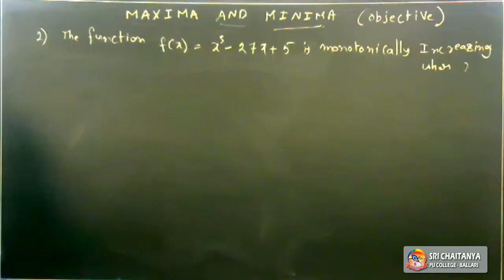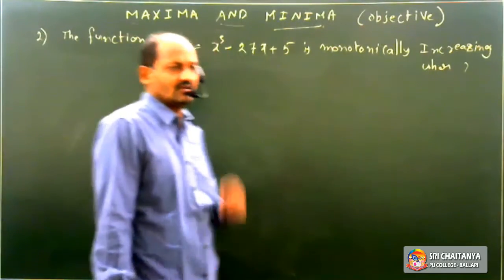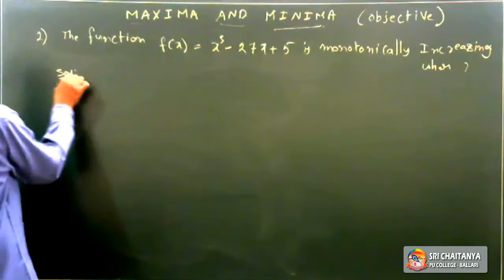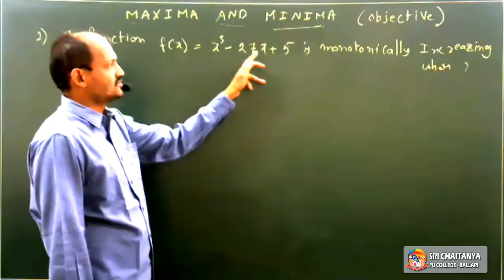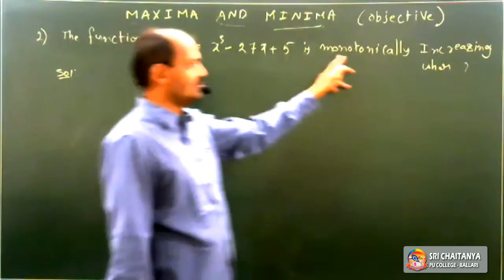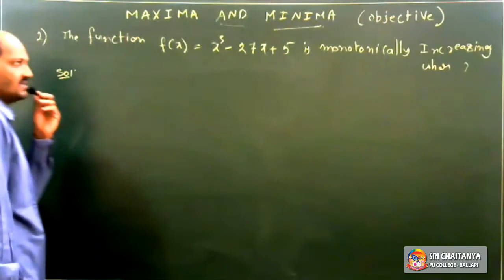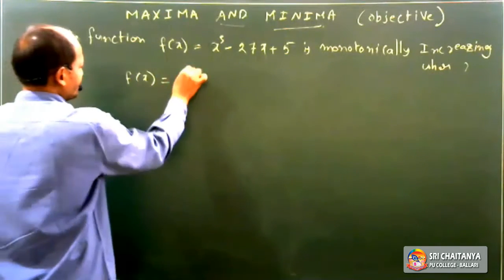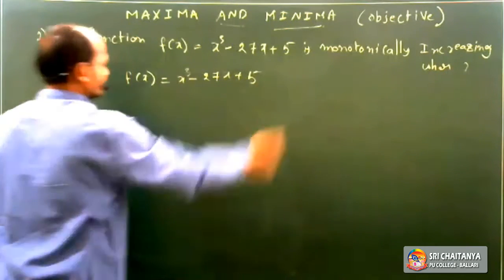So the function is monotonically increasing when. That means a clearly increasing function at x belongs to, that means, given f of x is equal to x cube minus 27x plus 5 is monotonically increasing when. So the given function is increasing.